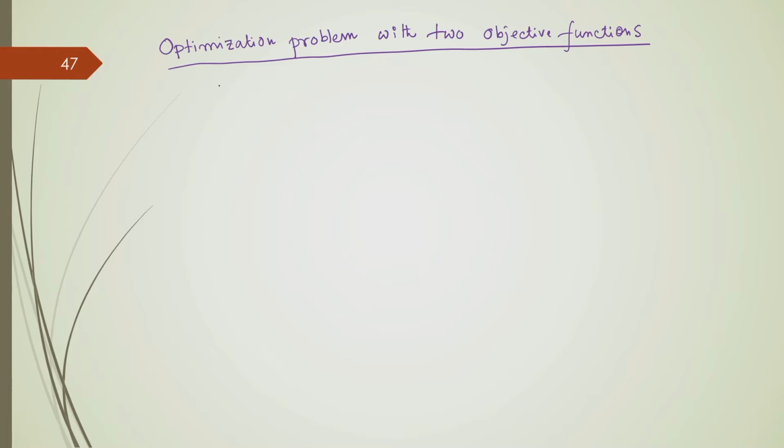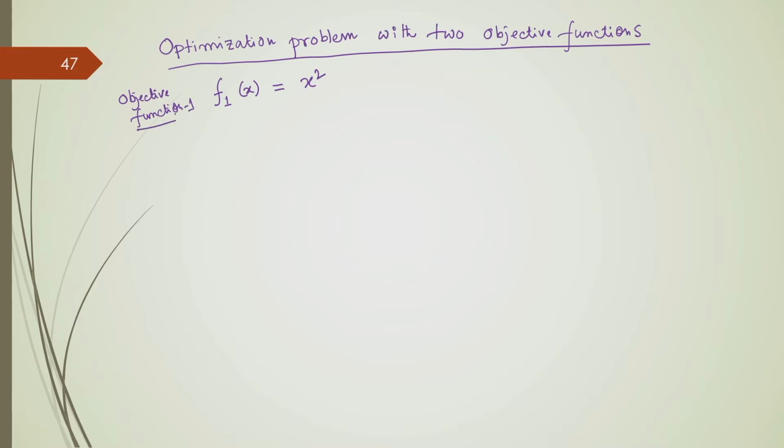In this optimization problem, the one objective is f1(x). It is a single variable optimization problem, where objective function f1(x) is equal to x square. This is objective function 1.